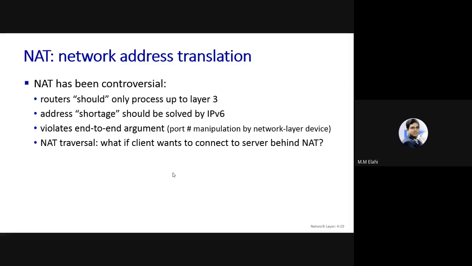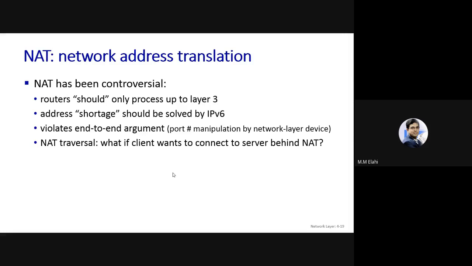Normally, what happens? We assume from source end system to destination end system, as we saw in an example in chapter 1, IP will not change. So source IP and destination IP will never change in the middle. That was the idea.